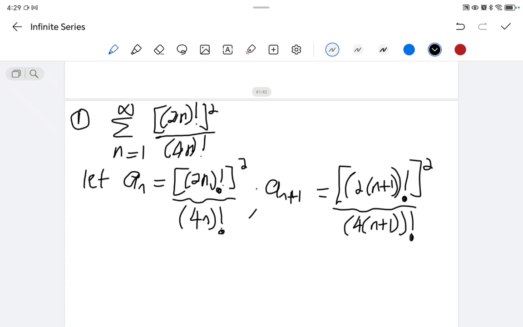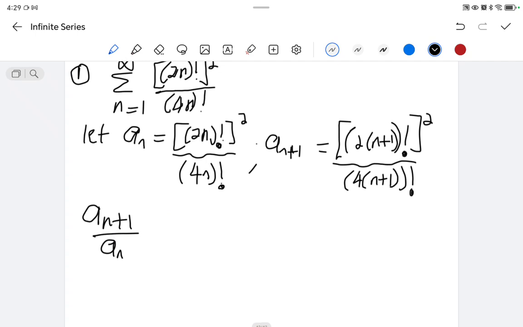Now we need to check a of n plus 1 over a of n. So we need to compute this, and after computing it, at the end we're going to take the limit.